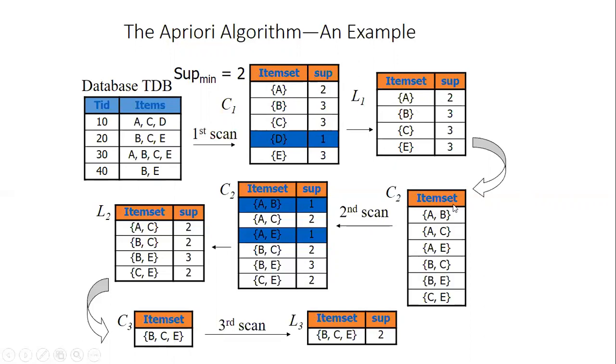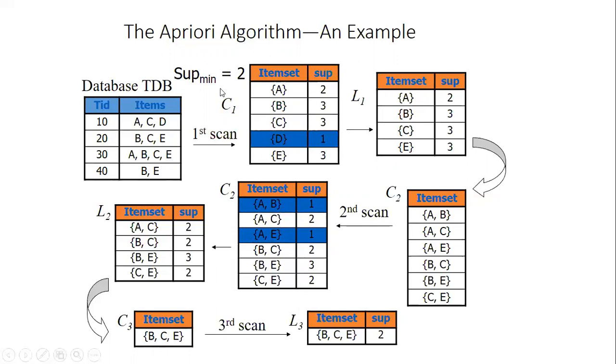Now it is a single item set. We go for the items which go together. So we do the combinations AB, AC, AE, BC, BE, and CE. Then, against the original database, we find the support count of each two item set, which we call C2.